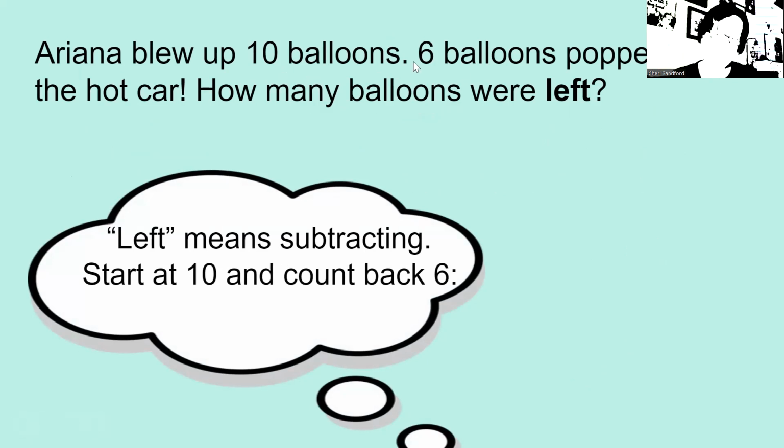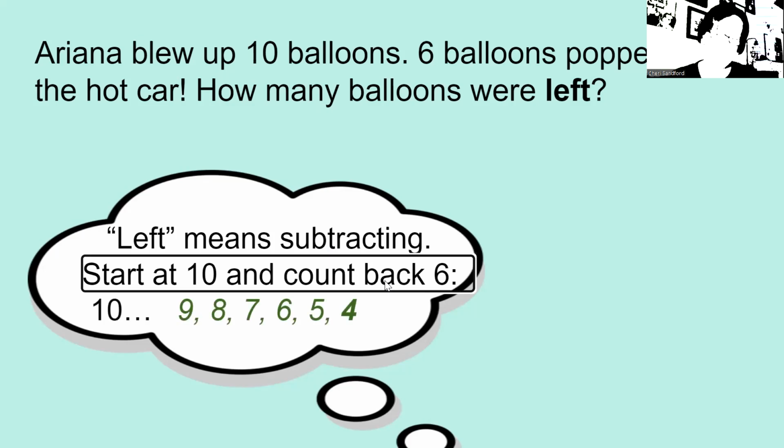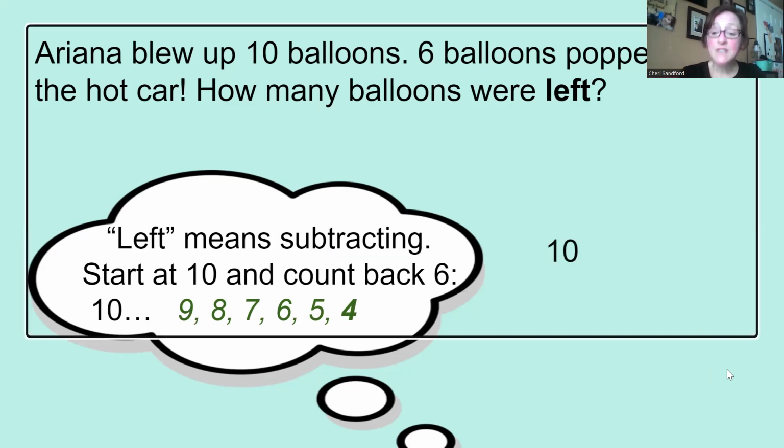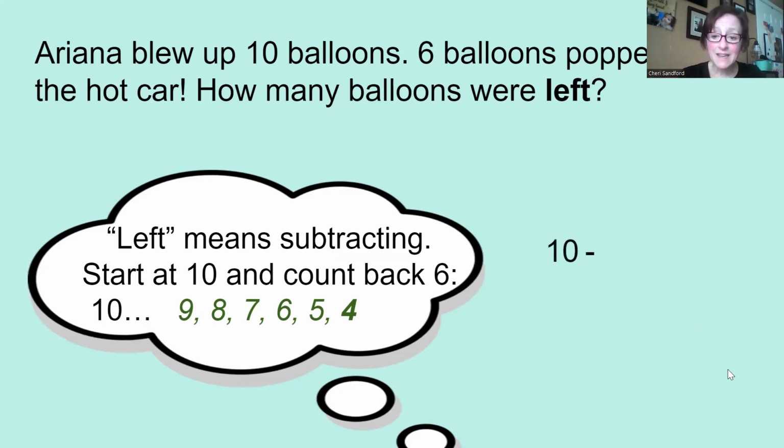I'm going to count back my second number, which is 6. I'm going to put 10 in my head, 6 fingers up, and count backwards, guys. 10, 9, 8, 7, 6, 5, 4. So 10 minus 6 equals 4.